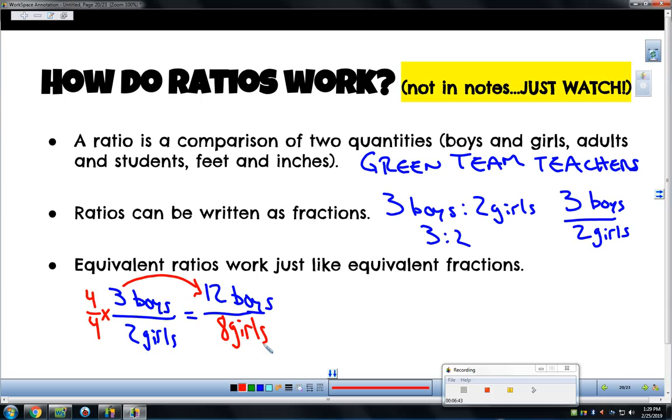What if I told you that for every 1 candy bar, 1 piece of candy, I have to eat 5 vegetables.